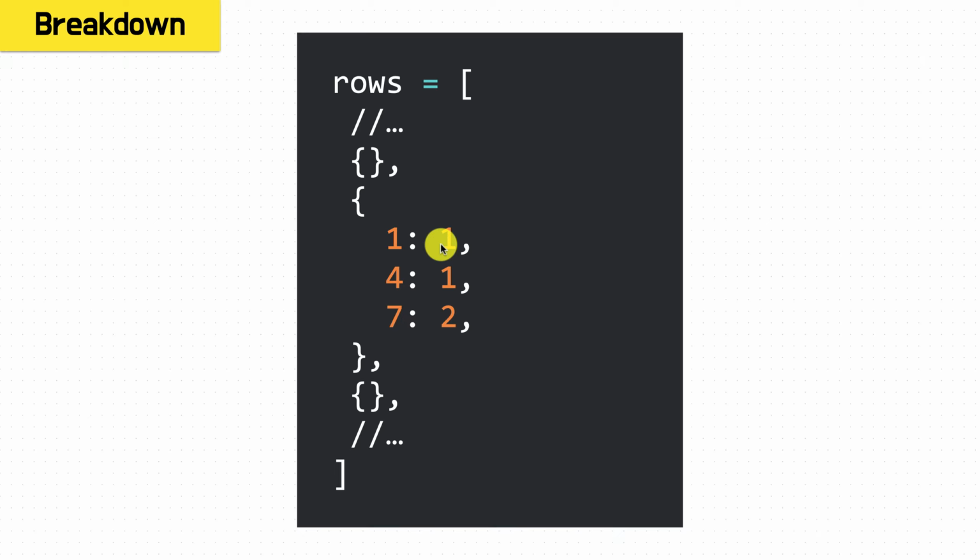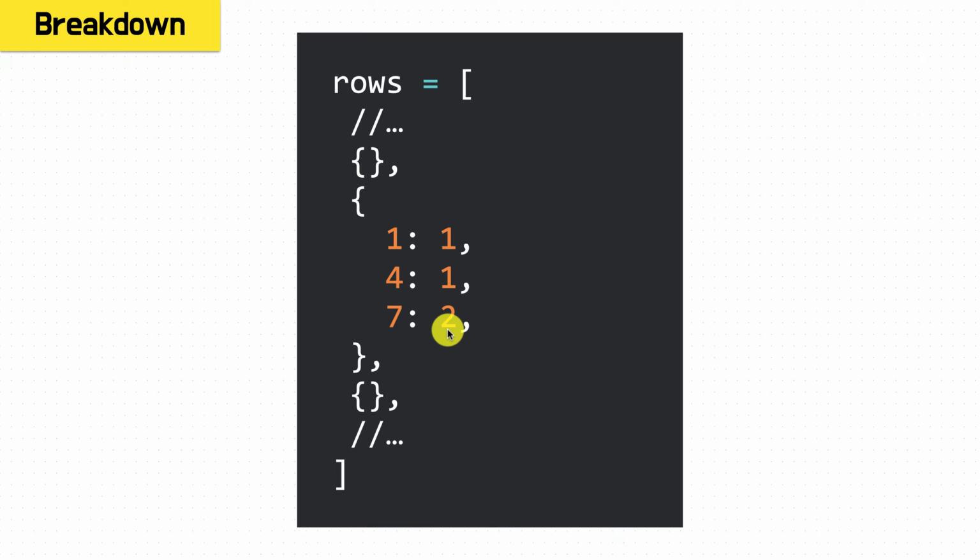So every time we see a number, we increment it by 1, and then each additional time we see it, we just continue to increment it. So the first time we saw the number 1 in this row, we initialize it to 0, and then increment it to 1, signifying it's the first time that we've seen this number. Then we did the same for 4, initialized it to 0, and incremented to 1. Then we did this with 7, initialized to 0, incremented to 1.